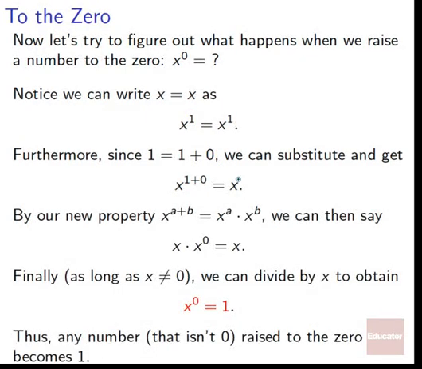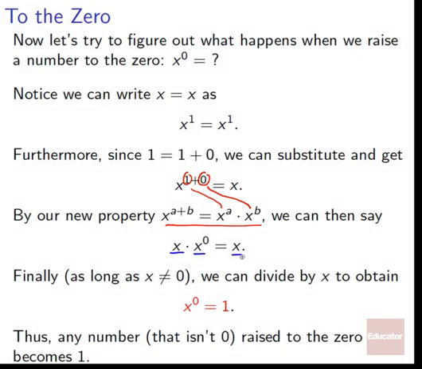By our new property, x to the a plus b equals x to the a times x to the b, sort of our most basic property, then we can break this up and we can take the 1 and separate it from the 0. So we'll have x to the 1 and x to the 0. And we'll just write x to the 1 as just x by itself, since that's what it is. So we've got x times x to the 0 equals x.